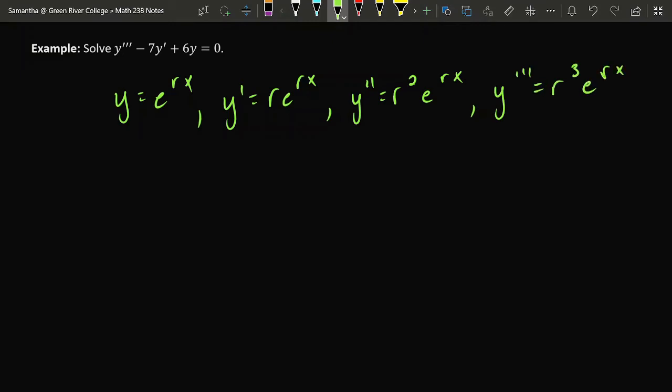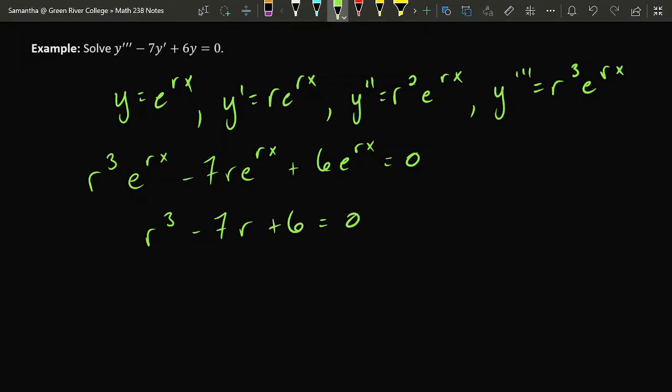And therefore our differential equation becomes r cubed e to the rx minus 7r e to the rx plus 6 e to the rx equals 0. And after canceling out the e's, I'm left with this degree 3 auxiliary equation.